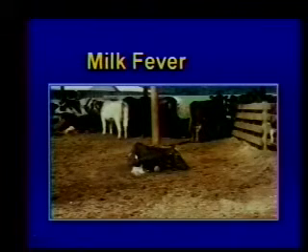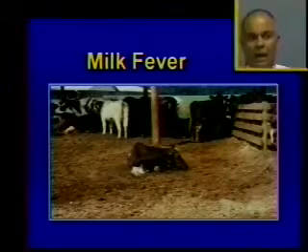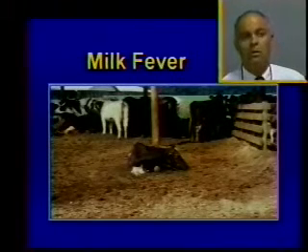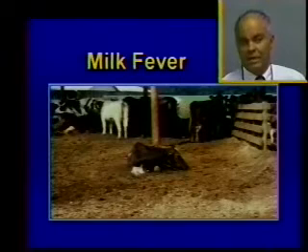Some of these animals are trembling. They're not in tetanic spasms, okay? This is a difference from eclampsia in the ditch. With eclampsia in the ditch, we have tetanic spasms, not with milk fever in dairy cows.